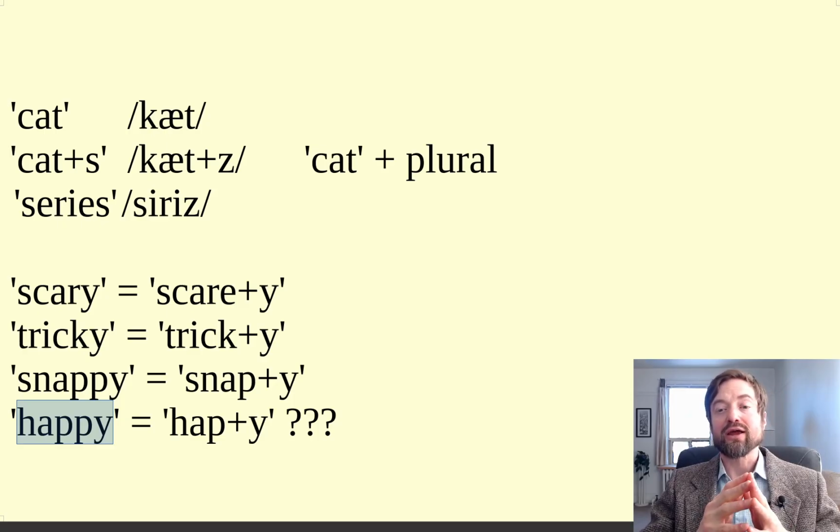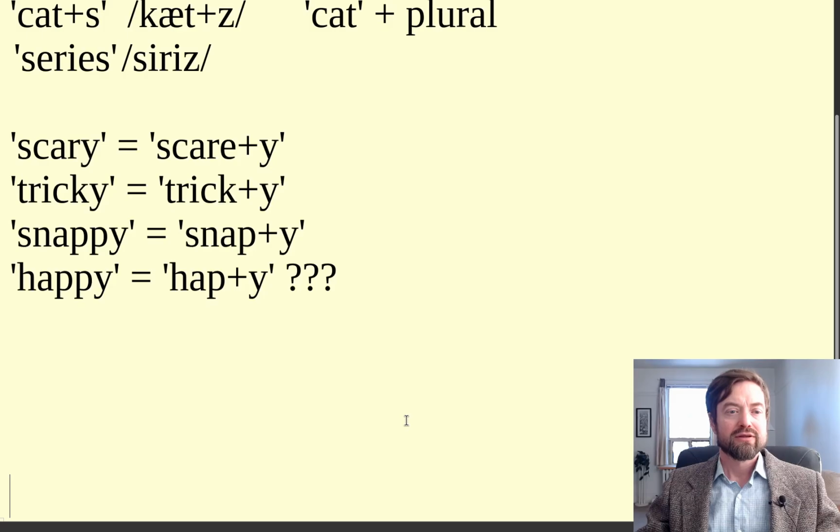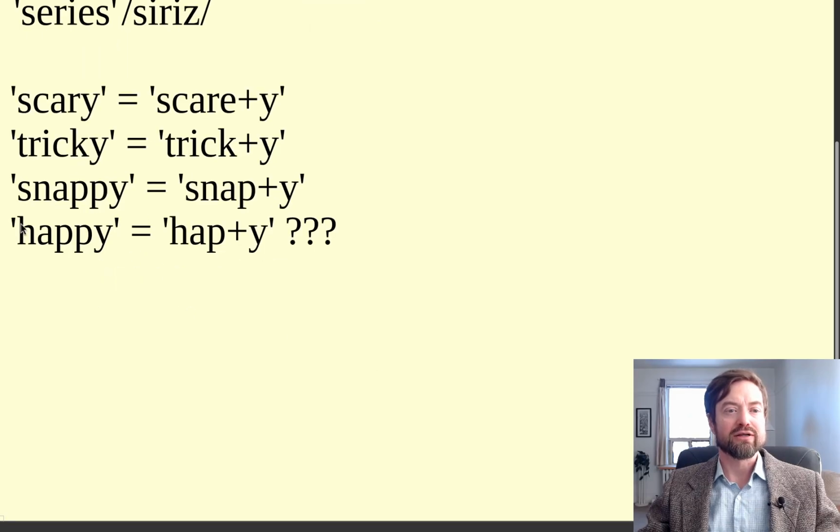But this is a gray area, and there were many discussions back in my morphology class in undergrad where we'd really challenge the theory here, because who's to say this is not a thing?